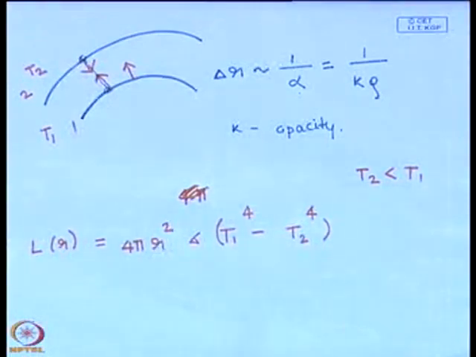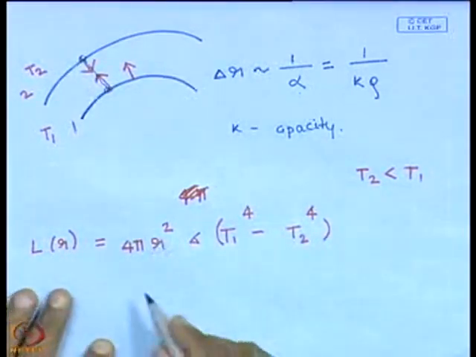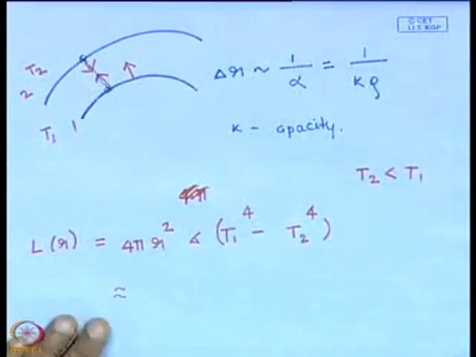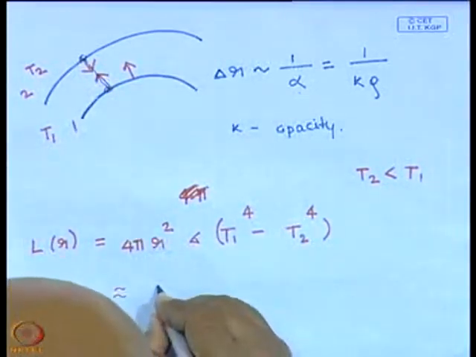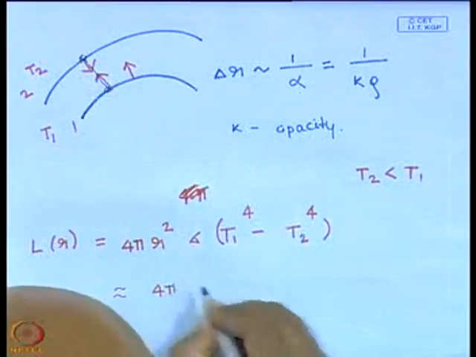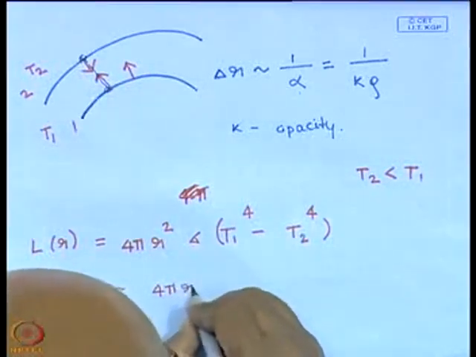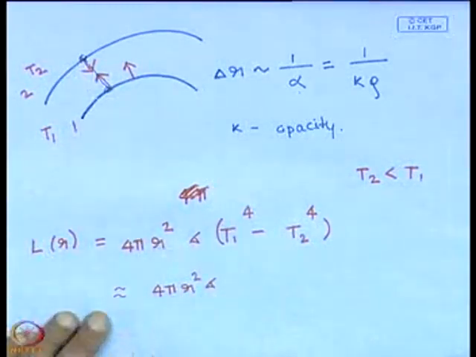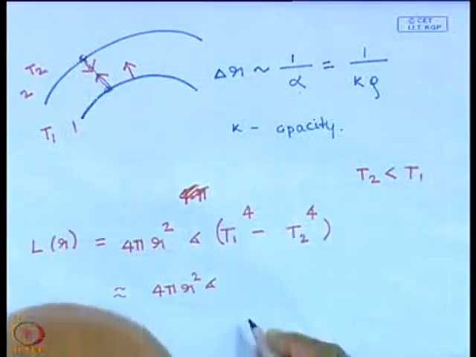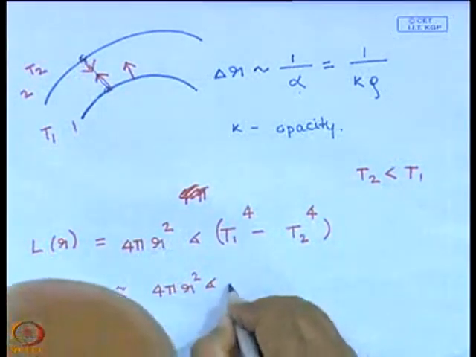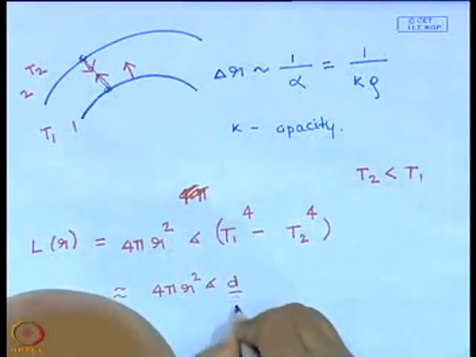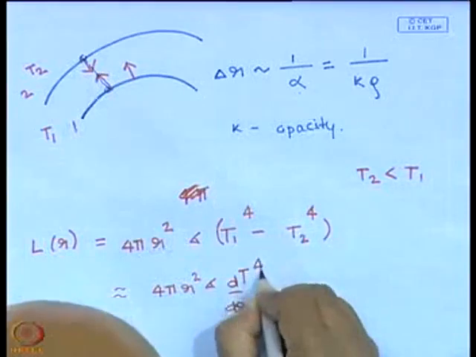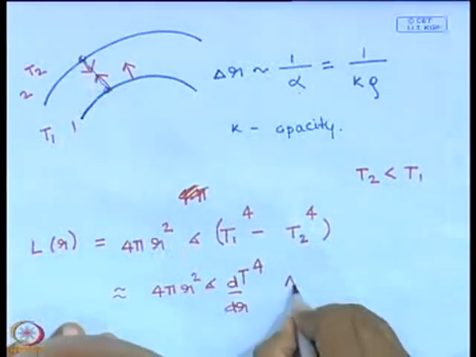And so, we can write this as approximately equal to 4 pi r square into sigma into the derivative of T to the power 4 into delta r.